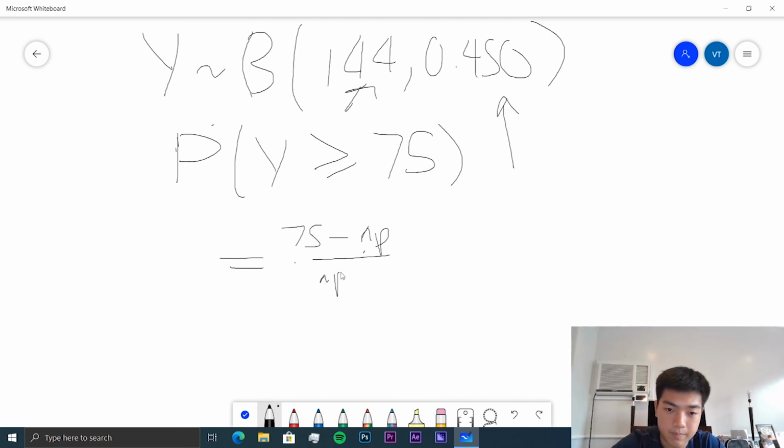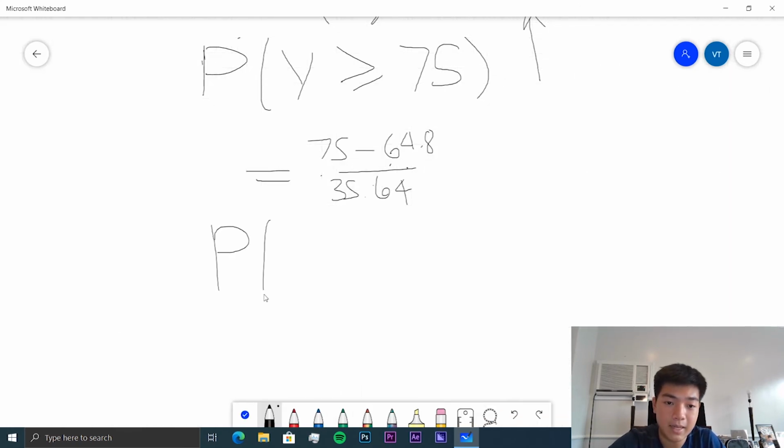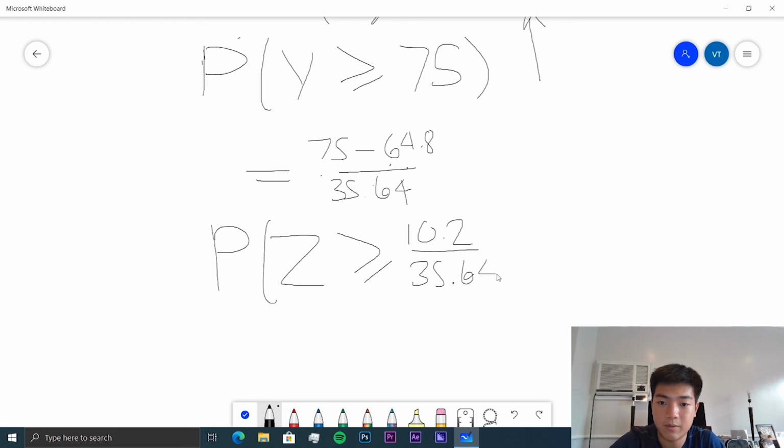The mean is the number of trials times the probability per trial, so this is 64.8, divided by the standard deviation, 144 times 0.450 times 0.550, so this is over 35.64. So we need to get the probability that the standardized variable is greater or equal to 10.2 over 35.64.